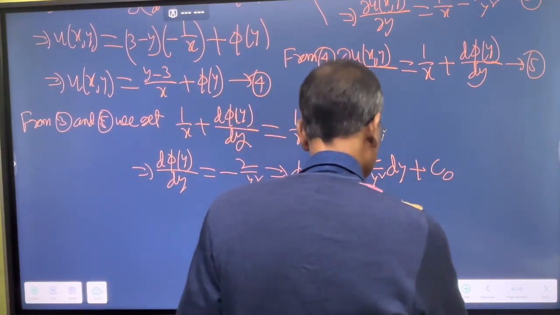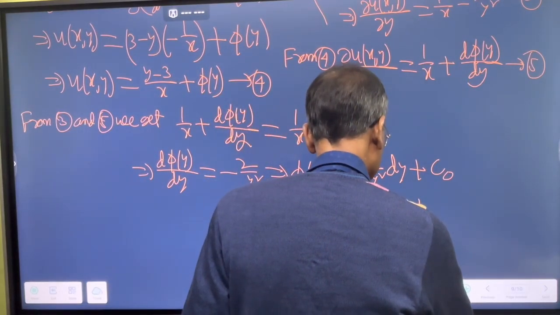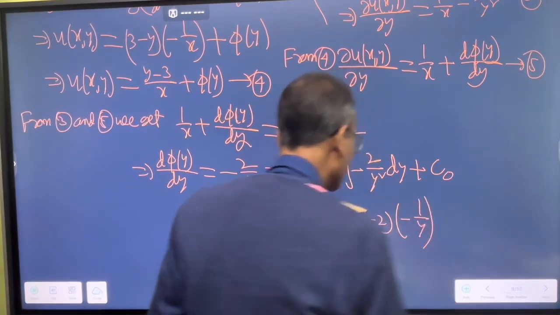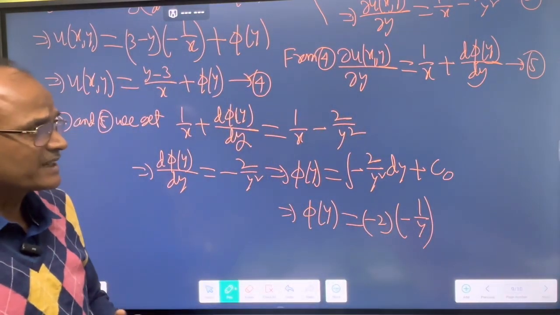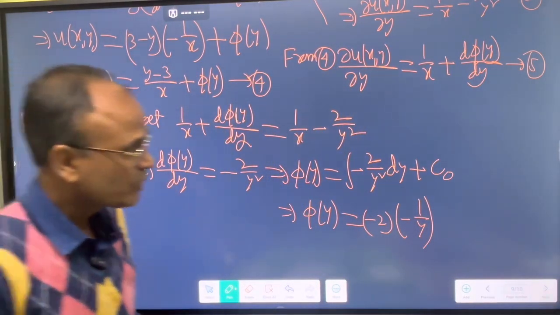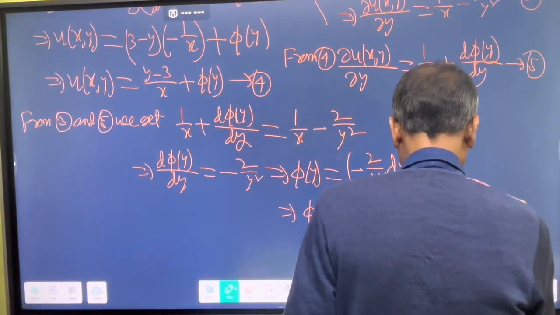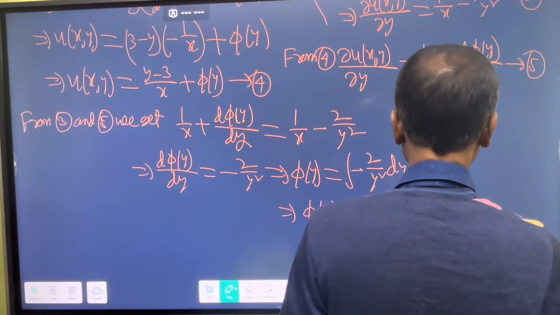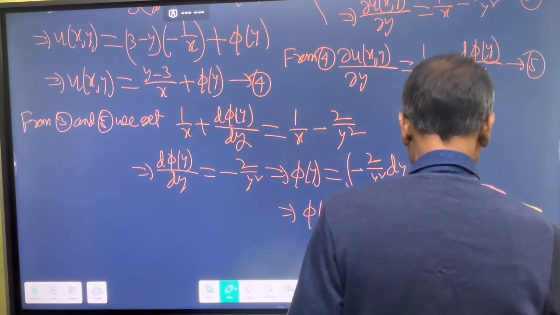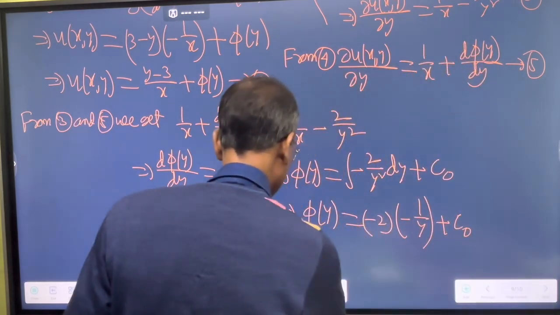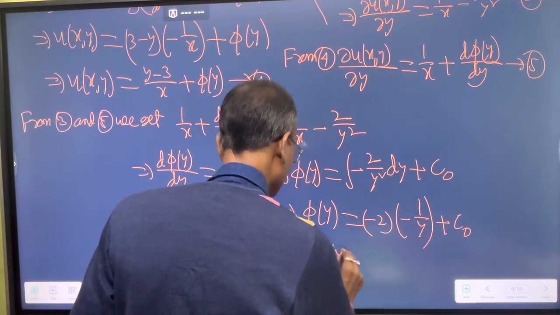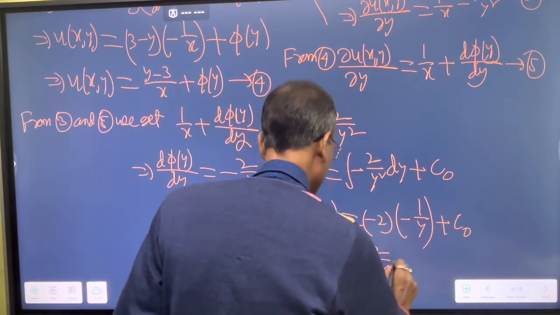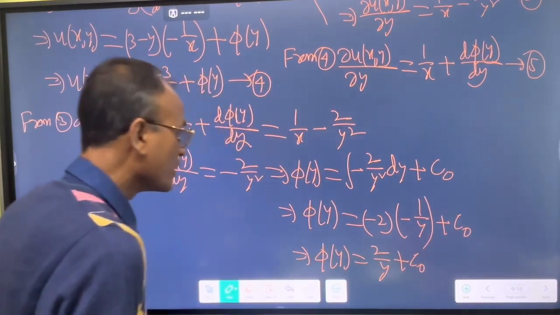What is the integration of this? y^(-1)/(-1) means -1/y, so φ(y) = 2/y + c₀.